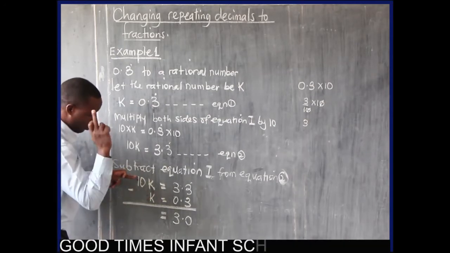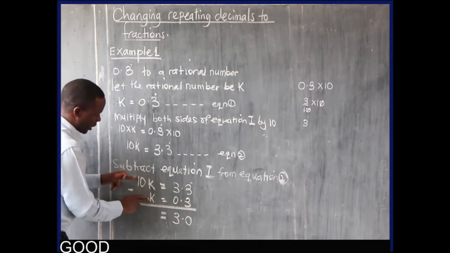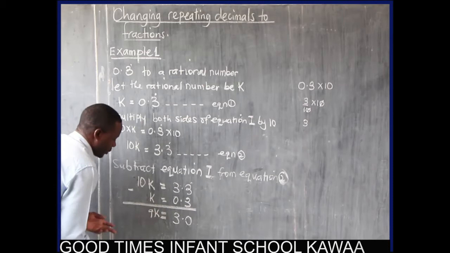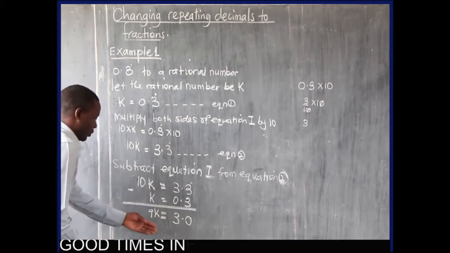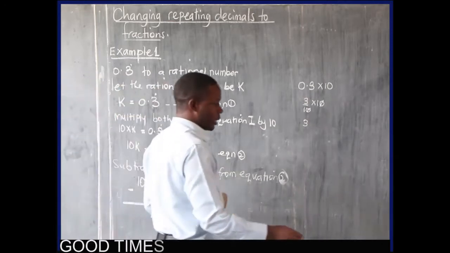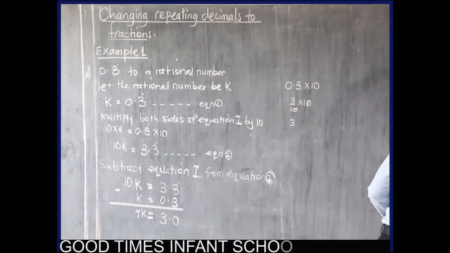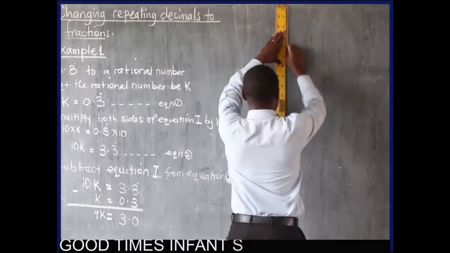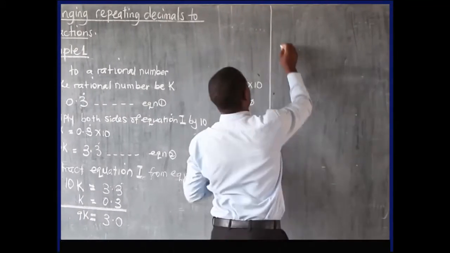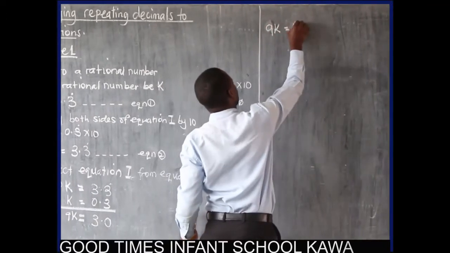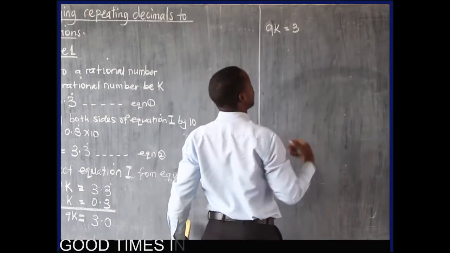Because this k stands for 1k. So 10k minus 1k, we shall get 9k. Now, that means 9k equals 3. So we can look at simplifying that equation. 9k equals 3.0, which is 3.